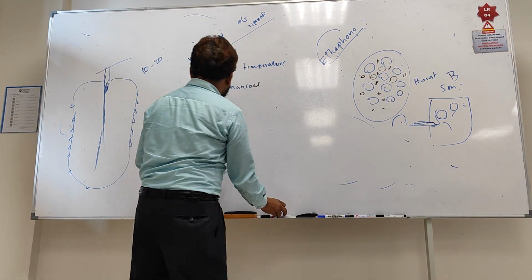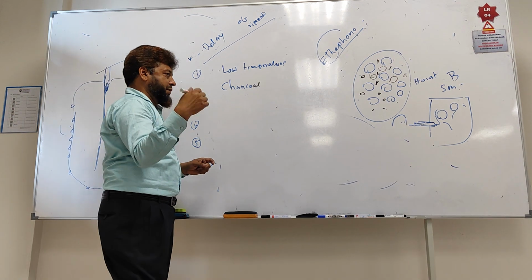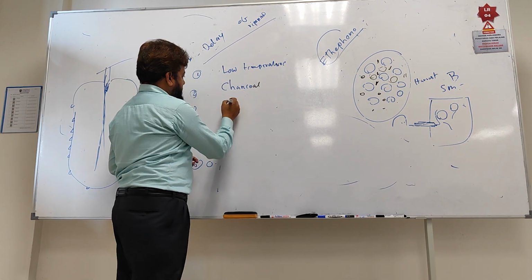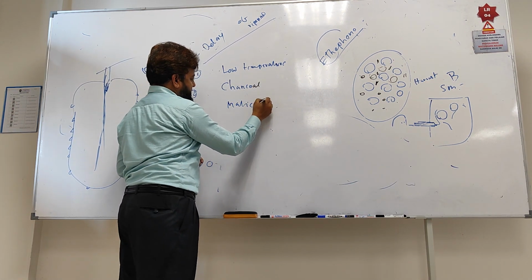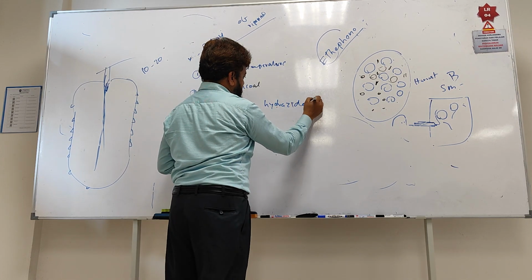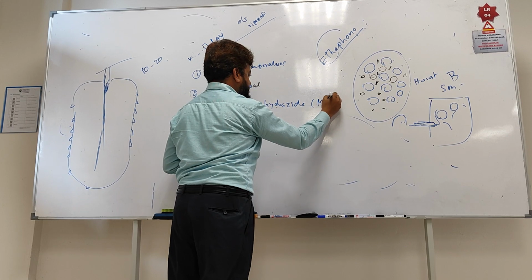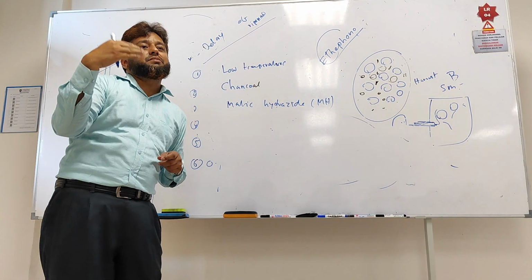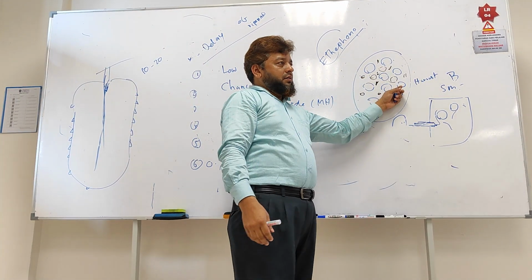And also number three, maybe we can apply one plant hormone. For this one, the name is maleic hydrazide, MH hormone. We usually apply this after harvesting.